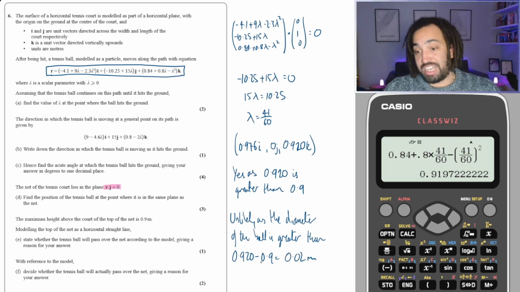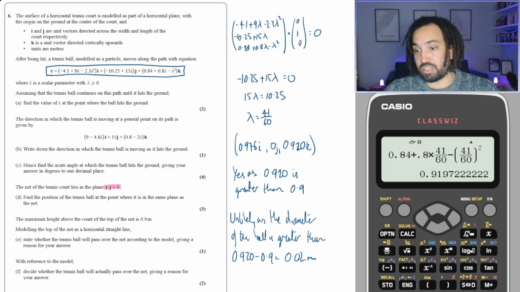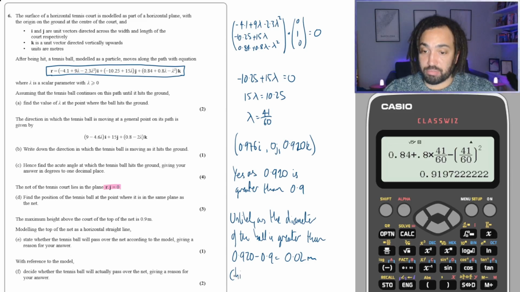So basically the gap between the ball, which is modelled as a particle, and the net is only 0.02. So if you actually consider it being a ball, then it's going to clip the net. So it will clip the net in the very least. Momentum may take it over.